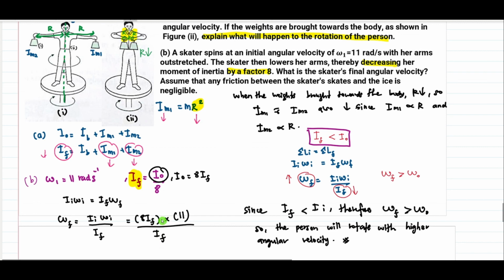We have the unknown I final here, so we can cancel it out. Therefore omega final is equal to 88 radian per second. So this is the answer for question 4B.